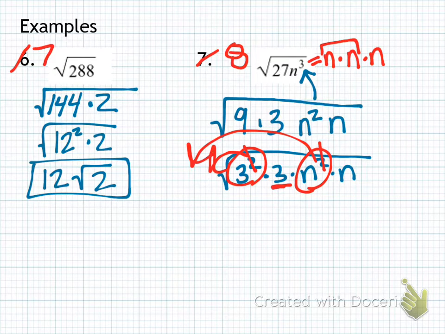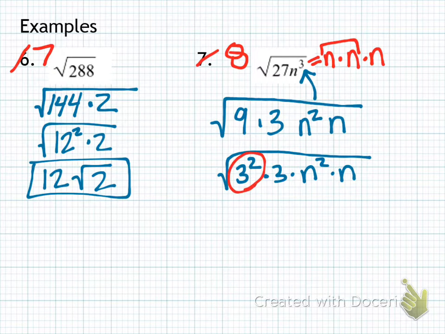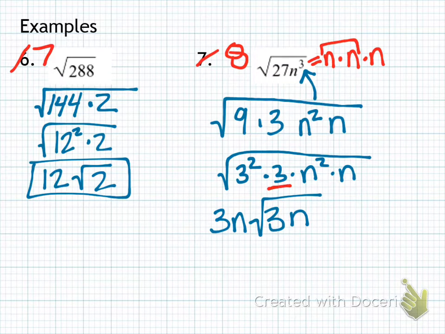And then I'll be left with a 3 and an n inside. So because of the 3 squared, I get a 3. Because of the n squared, I get an n. And then I have the square root of 3n because this 3 and this n are stuck inside the square root.